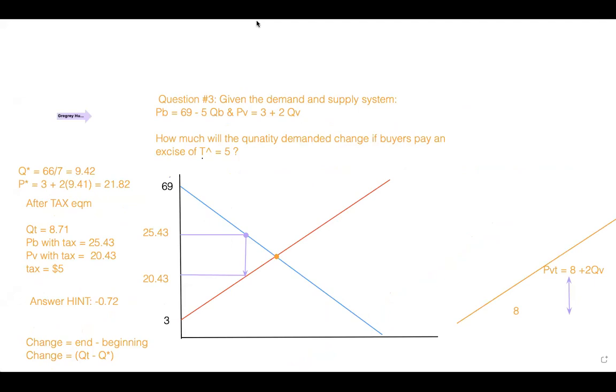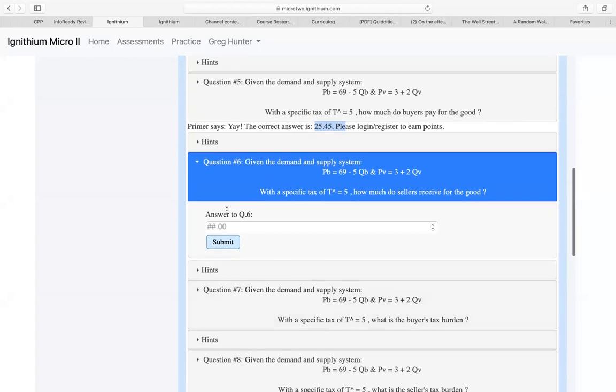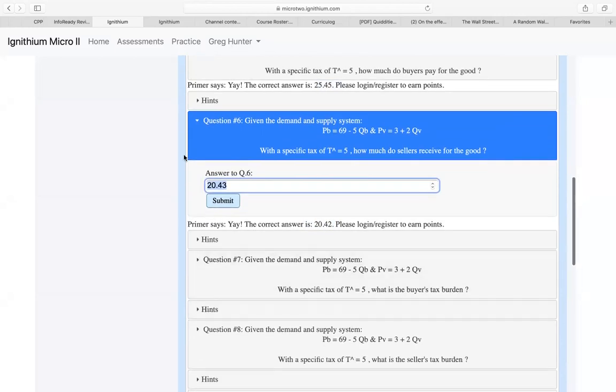That's what I'm showing here as you work through your homework: if you pay attention to what's happening with the questions, and you fully illustrate one good tax wedge diagram, you'll be able to answer most of the questions. So this one should be 20.43, and we submit, and okay, we got the right answer.